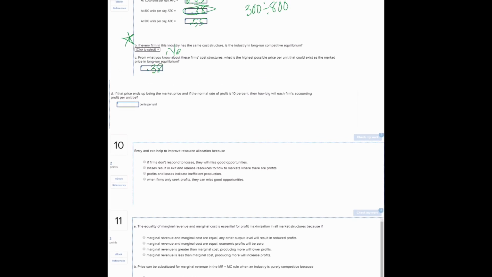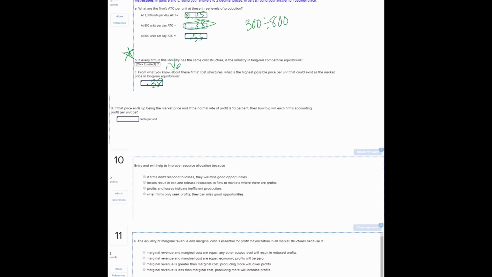38 cents. So long-run equilibrium, just to give you a visual of that, is where we've got the firm operating. Here's average total cost, here's marginal cost, and here is price, or Mr. DARP, demand, price, whichever one you want to call it.